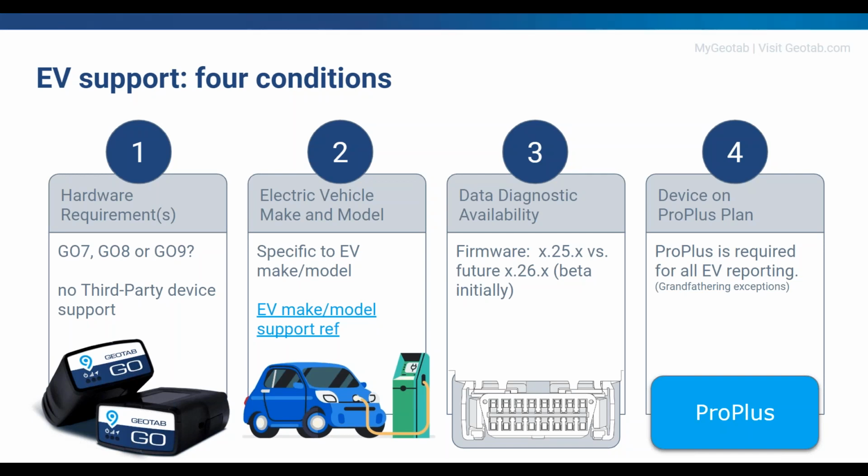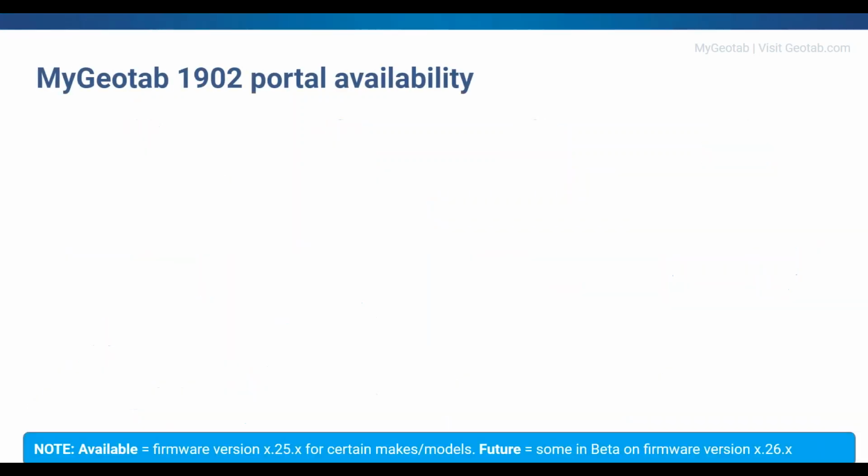You may not have even known that it happened, but it basically says if you already had devices in your electric vehicles up to about mid-May, you are grandfathered in to continued EV data access, everything we're talking about today, as long as your EV is supported on the device going ahead. But any new installs need to be on ProPlus to access this data.